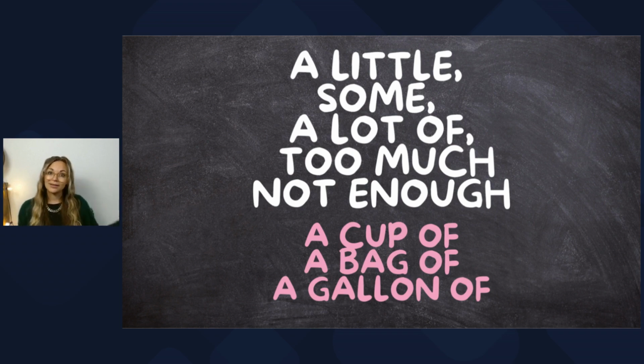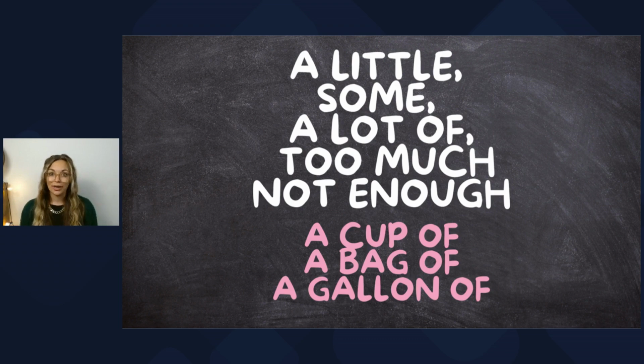I have a little milk in the fridge. I have a lot of coffee in my system. Coffee drinkers, I'm with ya. And I have not enough gas in my car.